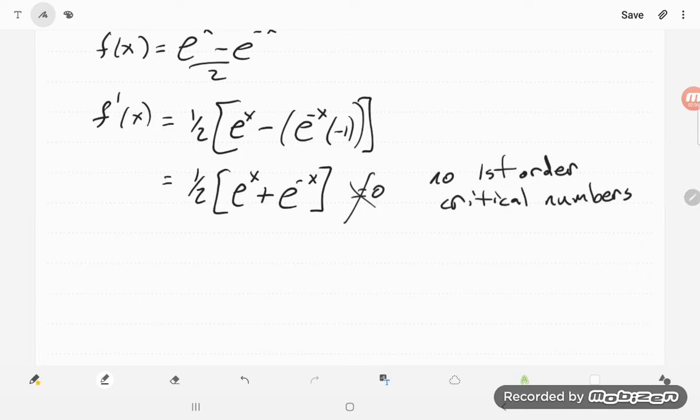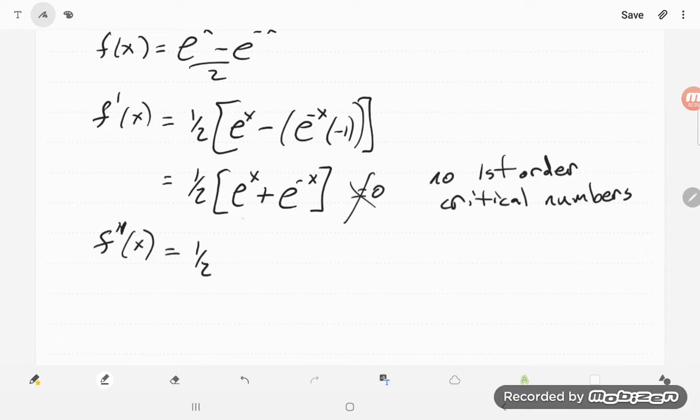And so then let's take a look at f double prime of x. Well, again, that's a 1/2 out in front.